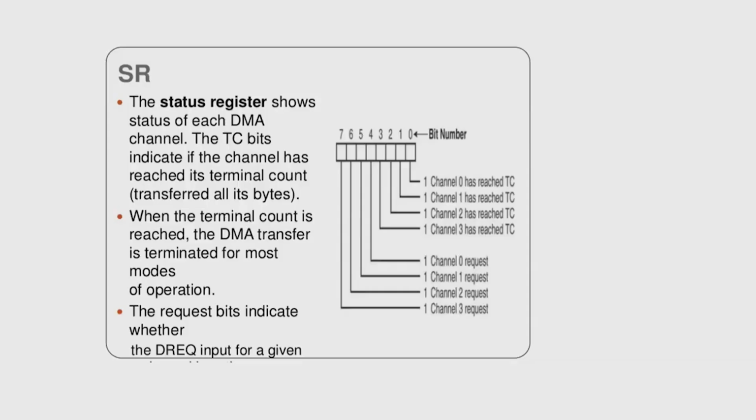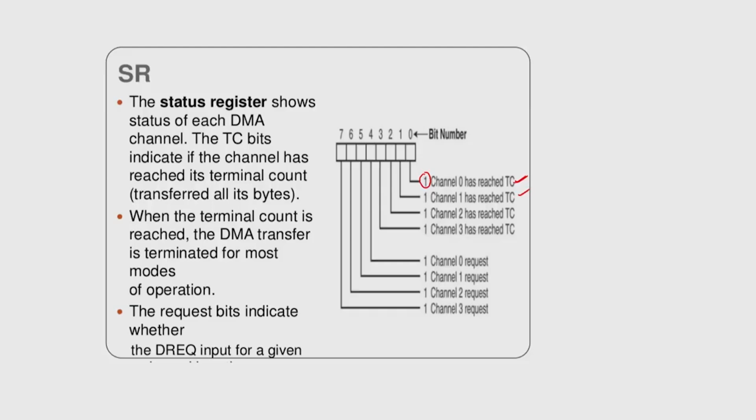Whether this count becomes 0 or not, you can verify through this status register. If channel 0 reached the terminal count, TC stands for terminal count, then this bit will be 1, otherwise 0 means the data transfer is in progress.